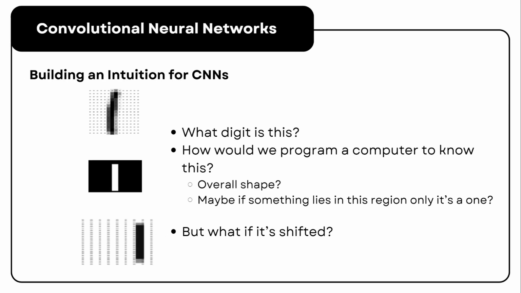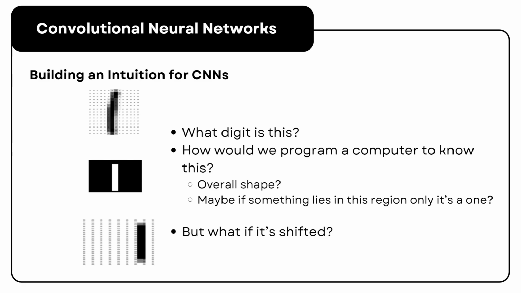So let's build some intuition on how CNNs work. This looks like the number one. It's a handwritten digit here. You know what digits are, from 1 to 10.